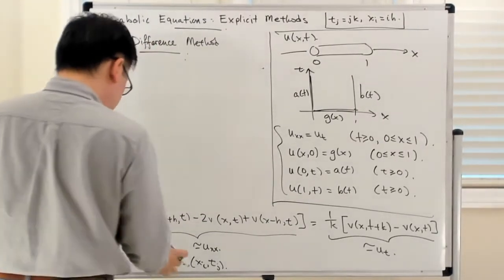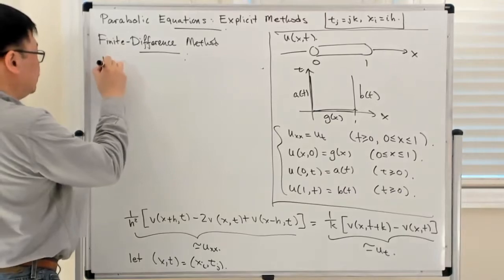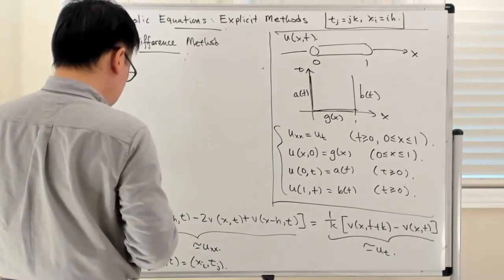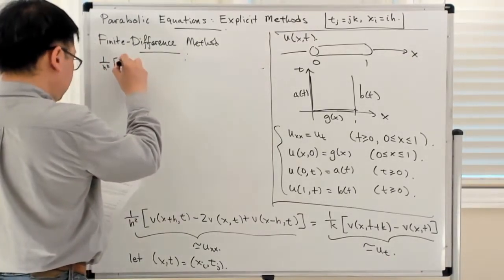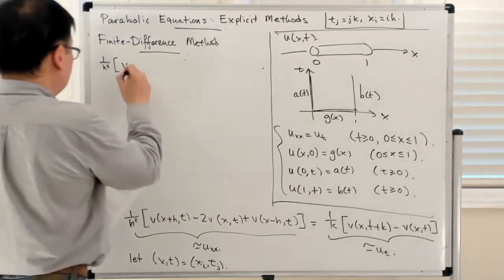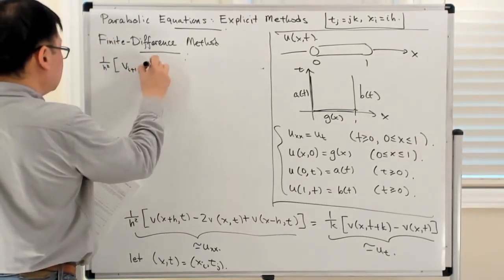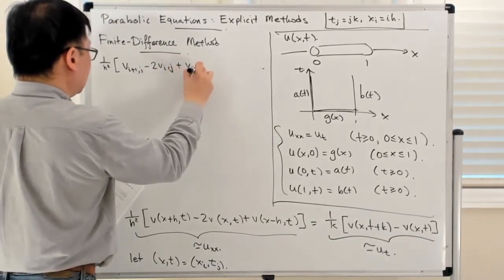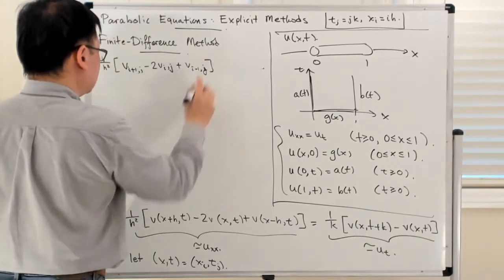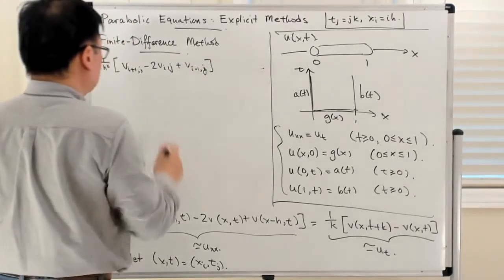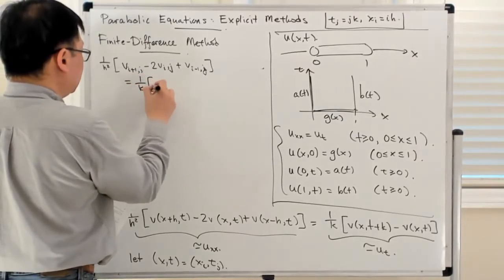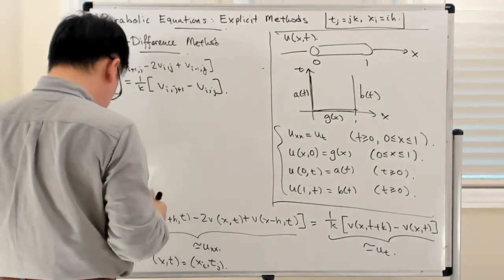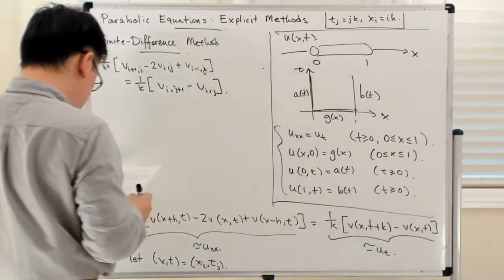So with that, this becomes 1 over h squared, v_{i+1,j} minus 2 v_{i,j} plus v_{i-1,j}, is equal to 1 over k, v_{i,j+1} minus v_{i,j}.